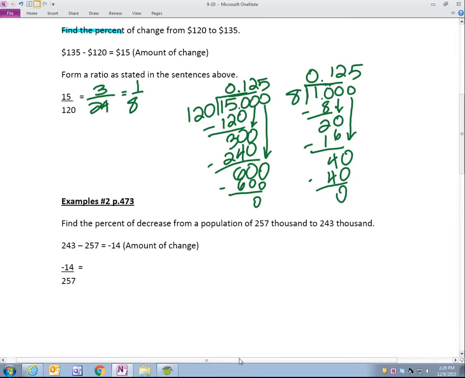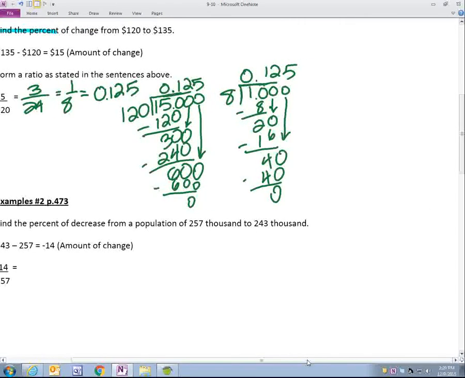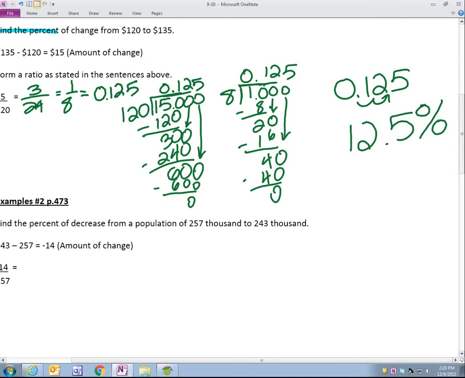I found that 15 divided by 120 is 0.125. However, I need to move the decimal over, right there, and I'm going to have 12.5% change.